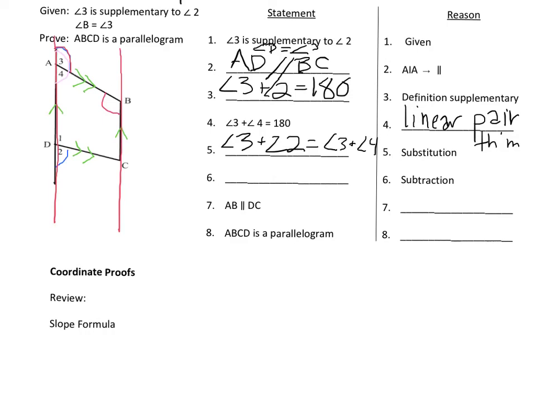It's almost like we said this is equal to 180, so we stuck it in down here. Next, we need to do some sort of subtraction. If I subtract angle 3 from both sides, I'll be left with angle 2 equals angle 4, which I bet will give me something to prove parallel, which I see that it does.